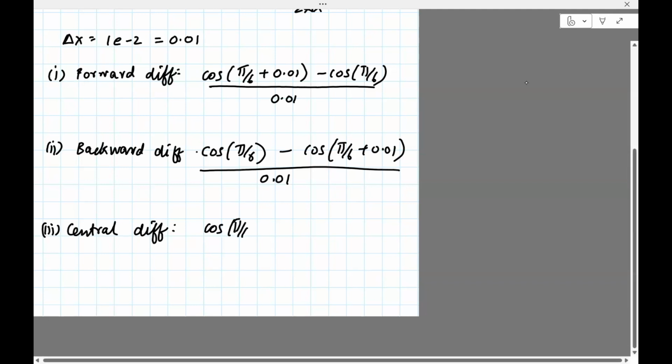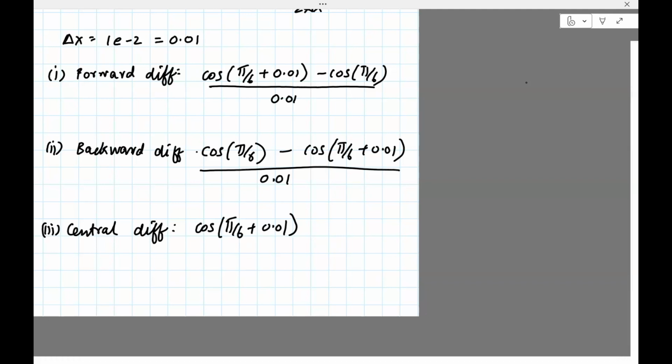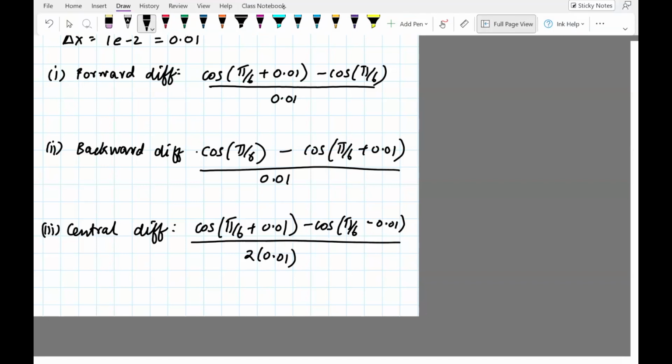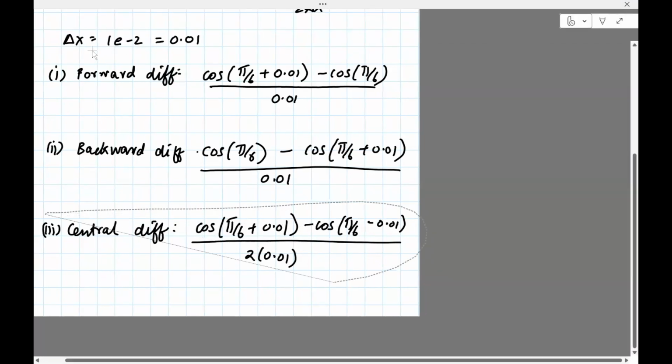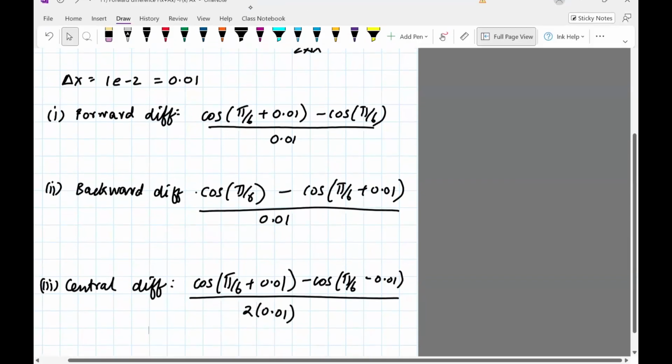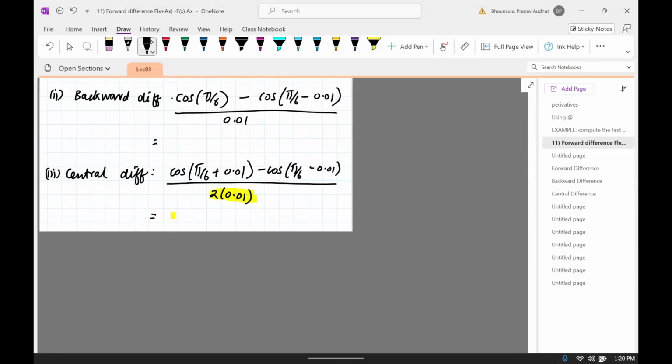Cosine of pi divided by 6 plus 0.01 minus cosine of pi divided by 6 minus 0.01 divided by 2 times 0.01. Hey, did anybody get the answer? Okay, I got the same.